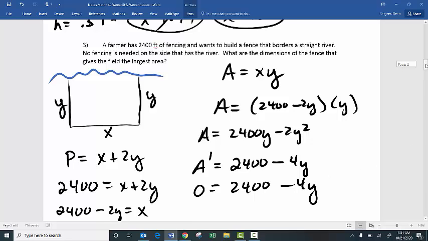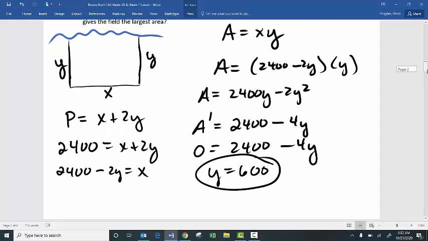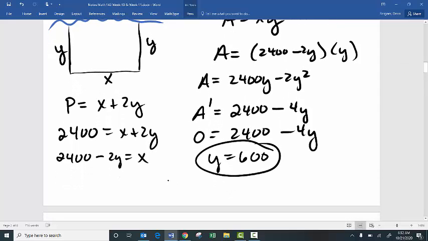And then when you do that, you can probably do this in your head. y is 600. Okay. So then what you do is you go over here and you figure out your x value of your fence. So you do 2,400 minus, this will be 1,200. So 2,400 minus 1,200 is 1,200. So that'll be your x value. So you just plug the x value back in there.